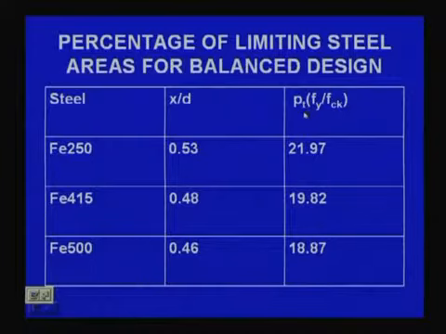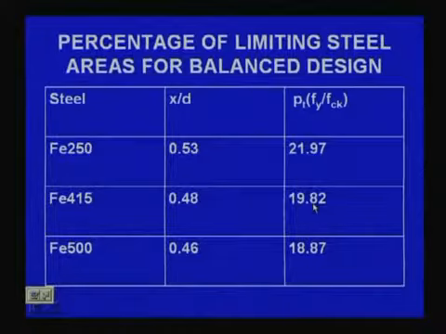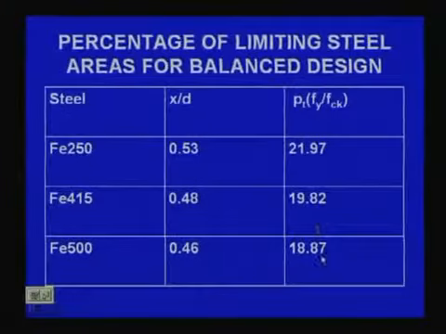Instead of percentage of steel, we have written PT Fy by Fck, which is equal to 21.974. From there we can find the corresponding value of PT. Similarly for Fe415 we can find out, and similarly for others also. Okay. So, we shall conclude this particular class here, and we shall continue in the next.